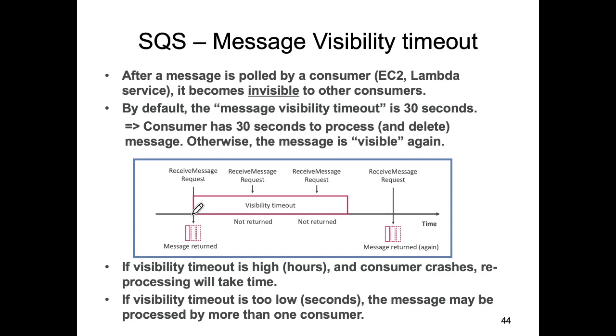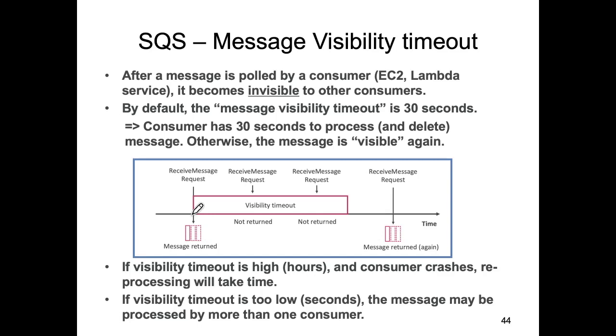On the other hand, if the consumer that received the batch of messages was not able to process them successfully within the timeout period, or if it threw an exception while processing them, which has the same end result, that they haven't been successfully processed and deleted, then those messages are visible again after the timeout period and available to whatever consumer comes along and polls SQS for the messages.